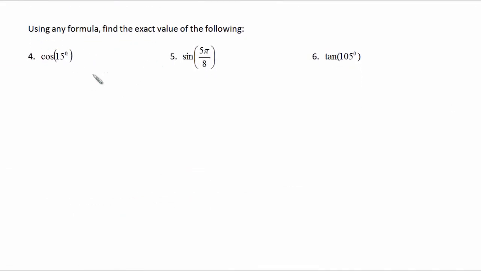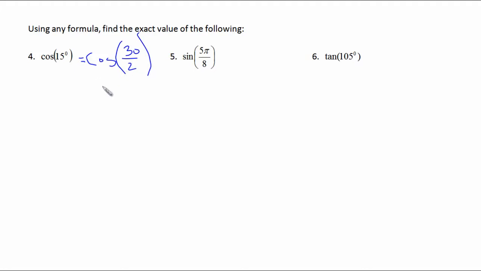Now, I can find these values using either my half angle or double angle formulas. Now, cosine of 15, I'm probably looking at trying to do that with half angles. I'm not sure how I do that with a double angle, because I don't know what 7.5 is to make the angle of 15. But what I do know is that I can rewrite this as the cosine of 30 degrees over 2.